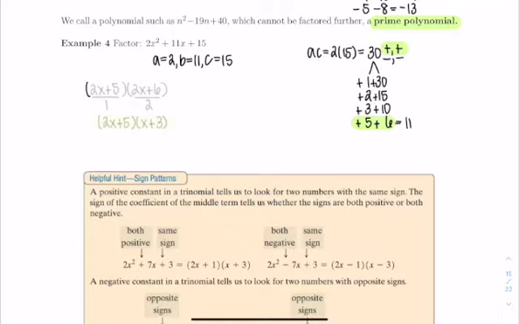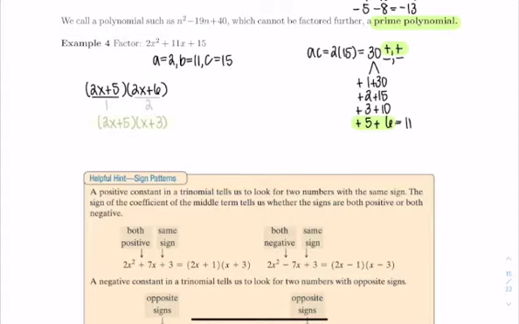So we set up our sets of parentheses. We bring down the leading coefficient, which is 2, into both sets, and we split the x's. And then the missing pieces is what we just found. So plus 5 and plus 6. This is the important step.